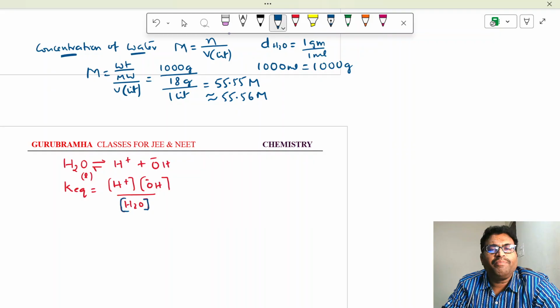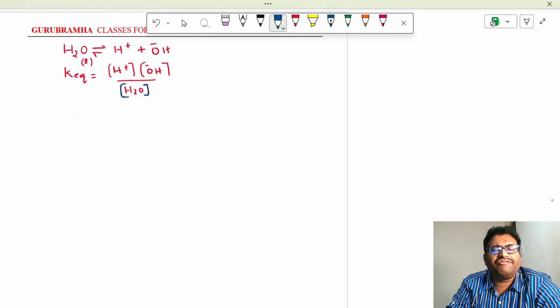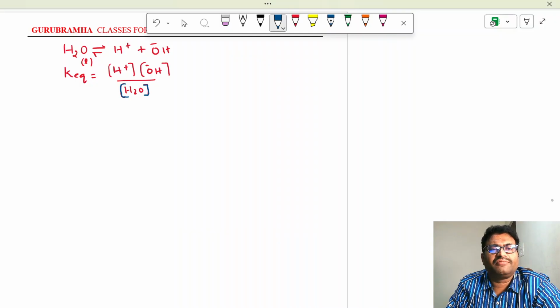This is the concentration of water. As we know that the degree of dissociation of water is very small, its concentration remains the same. It does not change.